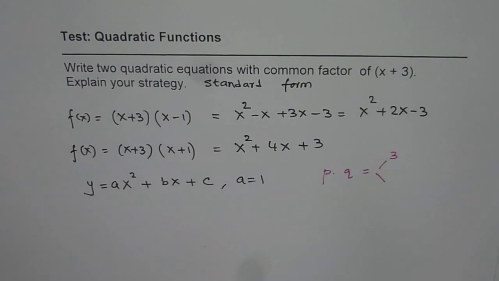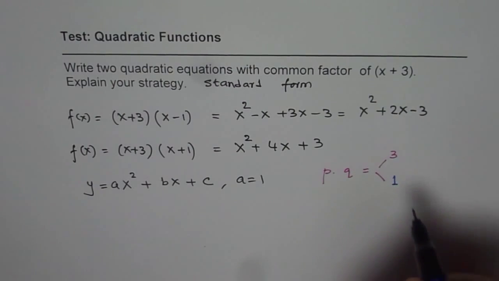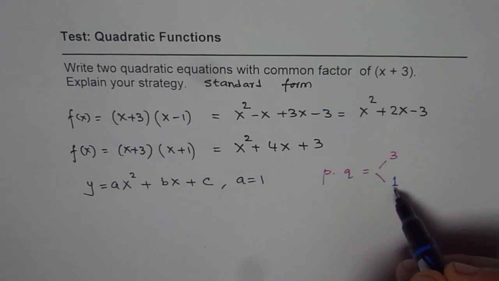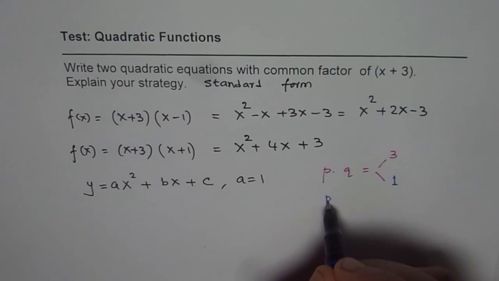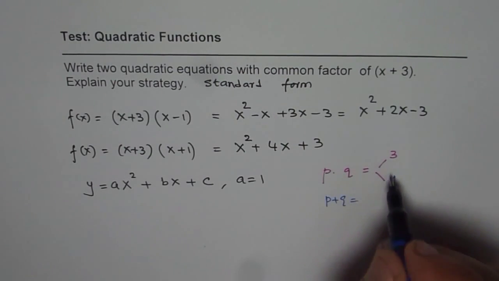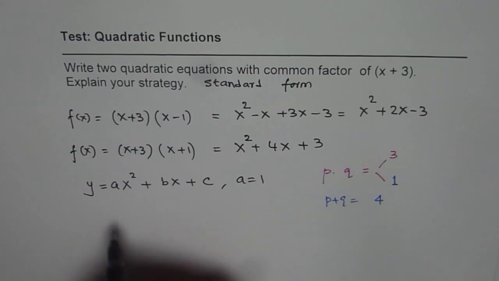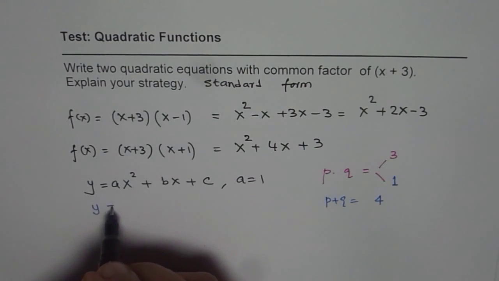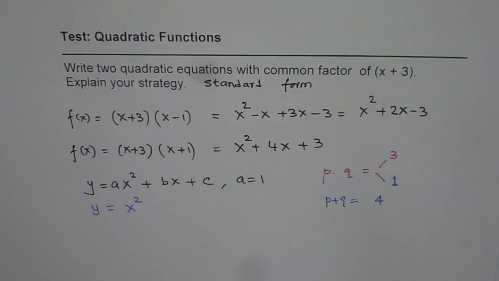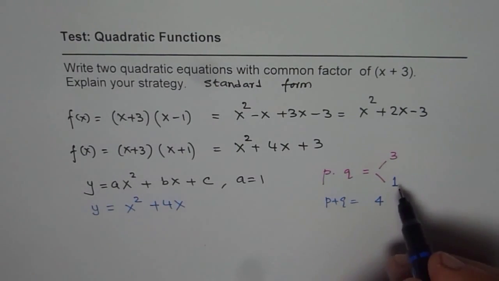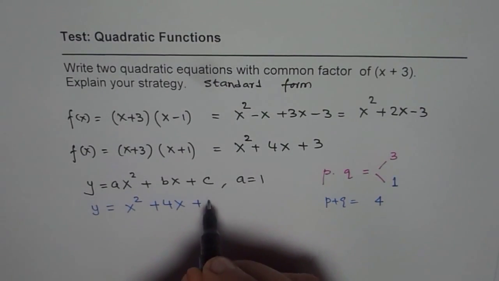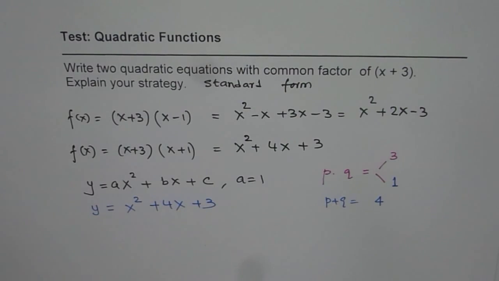For example, if I select 1, we get 3 times 1 as 3, right? And when you add them up, what is p plus q? p plus q is 4, and therefore I can write down my equation as y equals x squared, I'm using a as 1 for simplicity, b is the sum, which is 4, so I'll write plus 4x, and c is the product, which is 3. Do you see that? That's a very easy way of getting it, right?